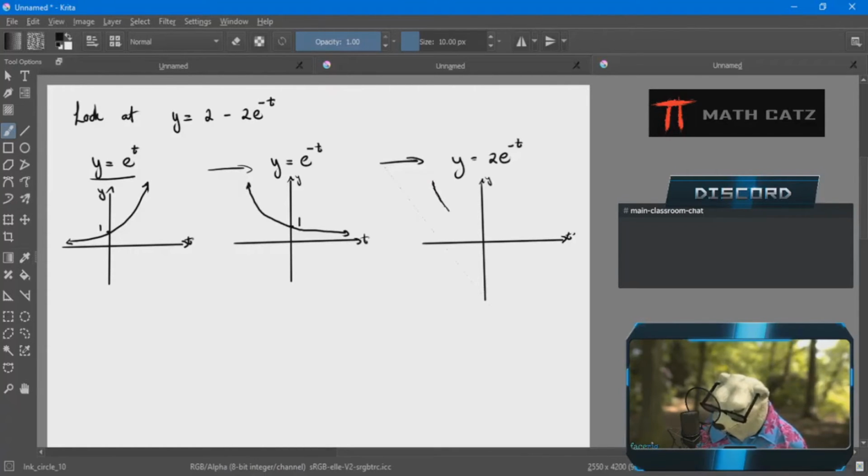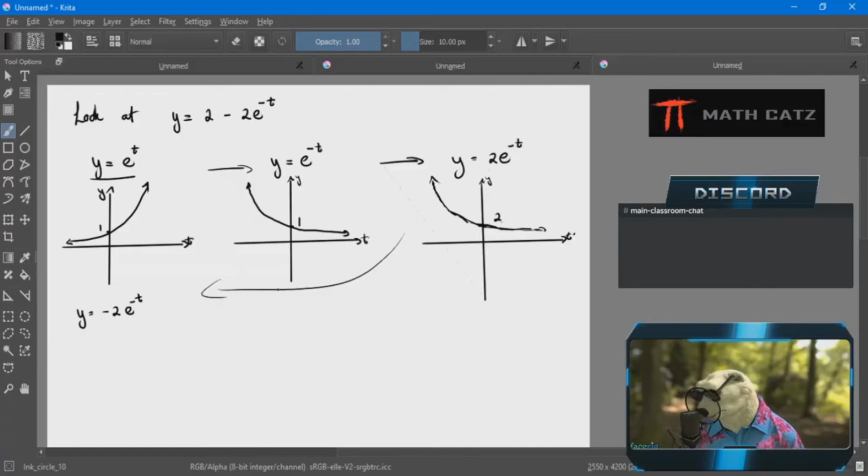I'm going to do it in little pieces. My y-intercept is now at 2 because I've stretched it vertically. Then I will take that and multiply the whole right-hand side by a negative. The 2 and the negative are viewed as separate transformations for convenience.